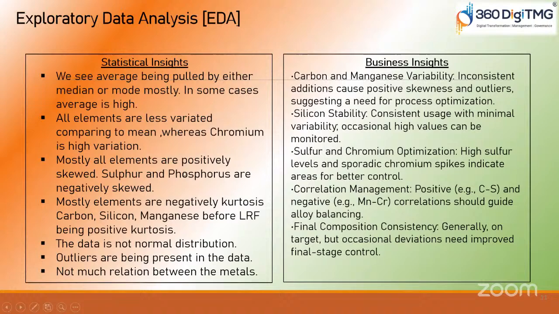Here you can see statistical insight. In the exploratory data analysis stage, we look at central tendency, which means mean, median, and then skewness. Most elements are positively skewed. Sulfur and phosphorus are negatively skewed. Then kurtosis: carbon, silicon, and manganese have high peakedness. Outliers are present, especially in carbon and manganese.